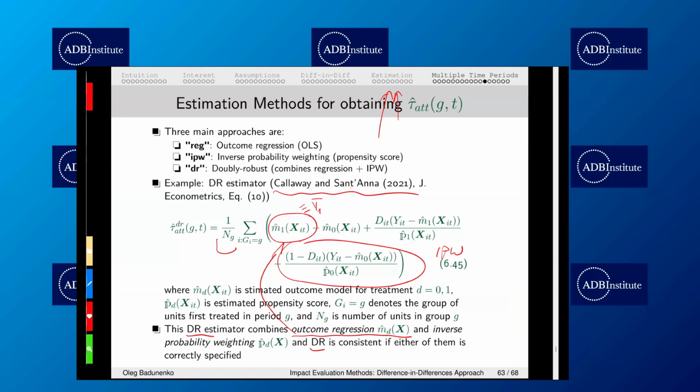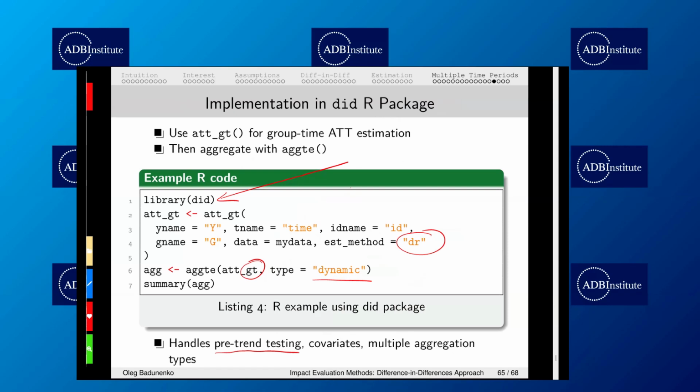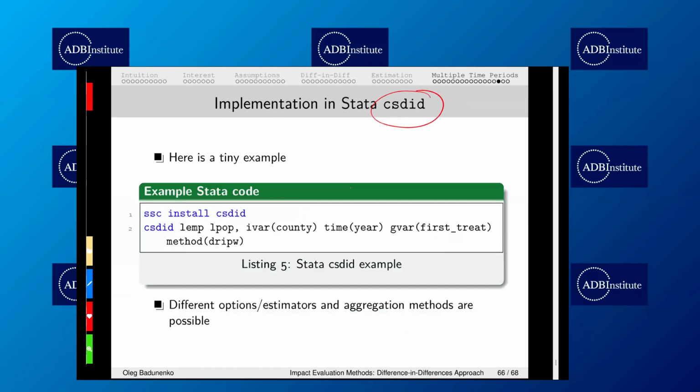I have put it on our shared folder so you can access it there. And so this is the command csdid. And so this is the basic setup of how you can have the dependent variable and covariates.